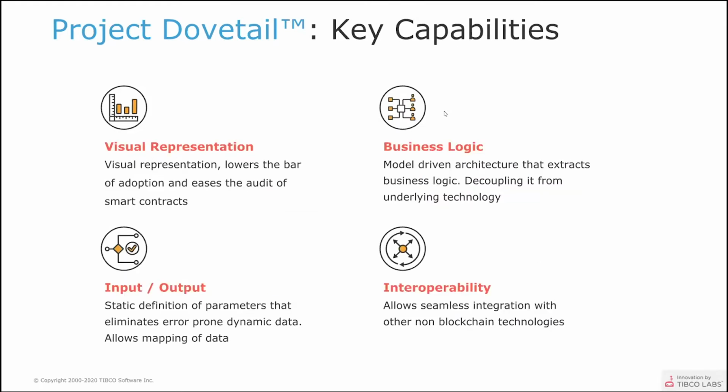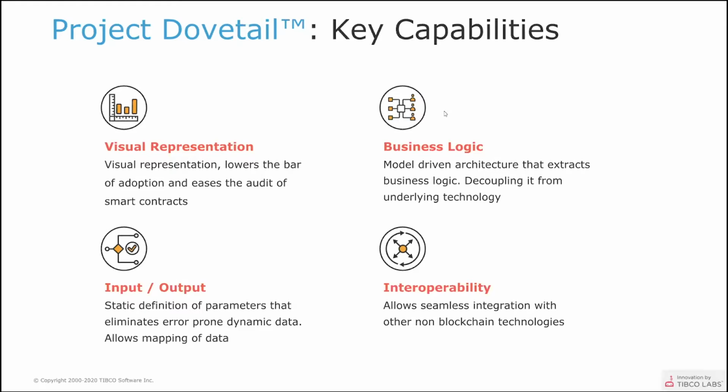So some of the key capabilities are the visual representation. Now we will see an example of how it looks. It lowers the bar of adoption, and this is the way you can audit those smart contracts because you have a visual representation. You have a better input and output model, where you have your static definition of the parameters that can eliminate some of the error-prone programming errors when you're trying to map data inside and outside of the system.